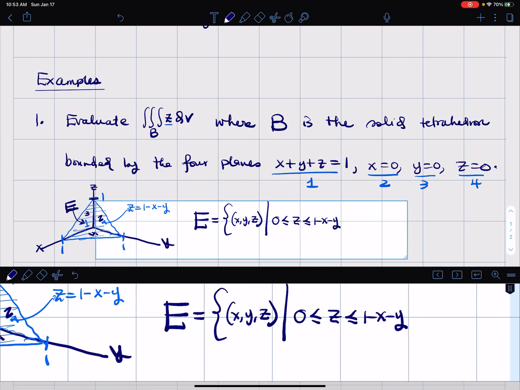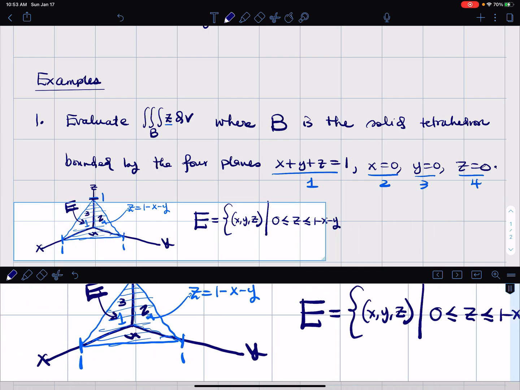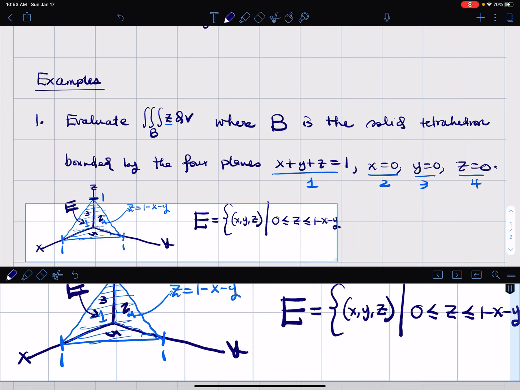Then we now have to deal with X or with Y. Y, look at this line. I'm going to make it green. Y starts from the x-axis, starts from this line. On the y-axis, you have this green line, and then you have this line, okay?